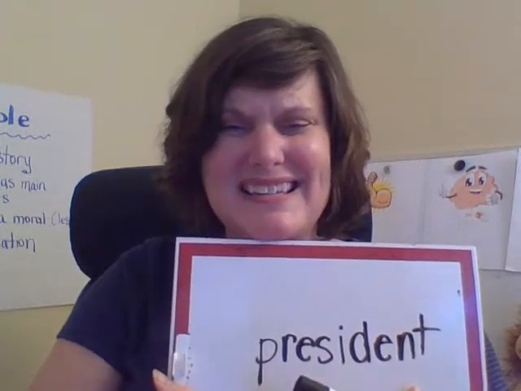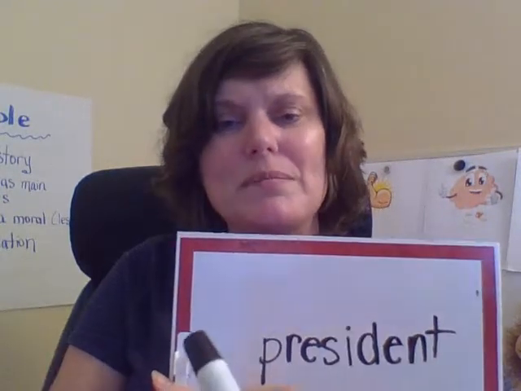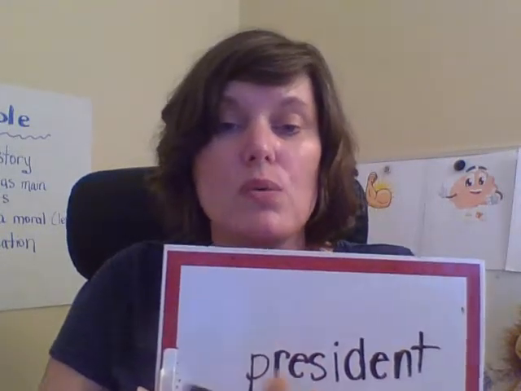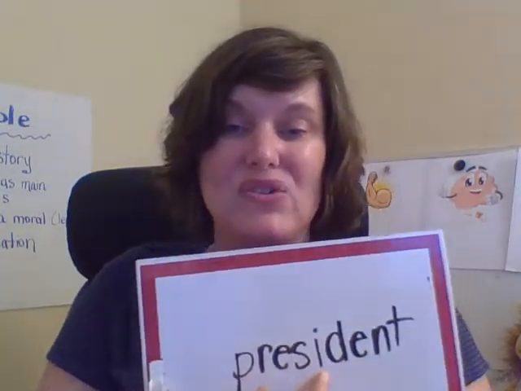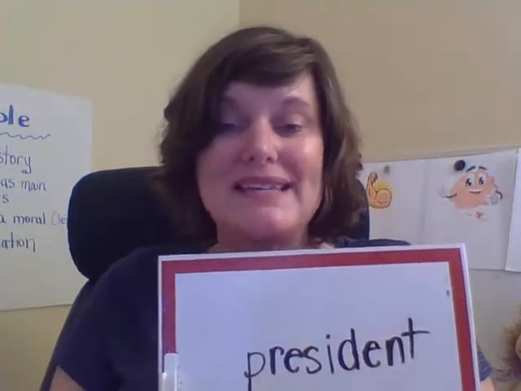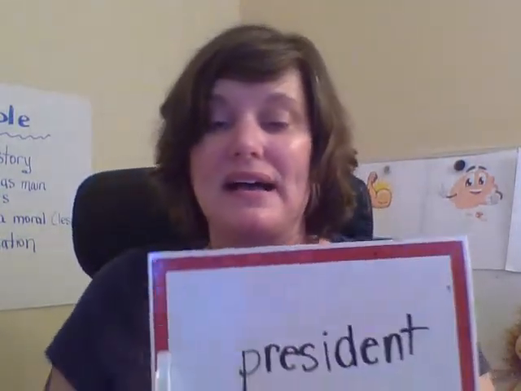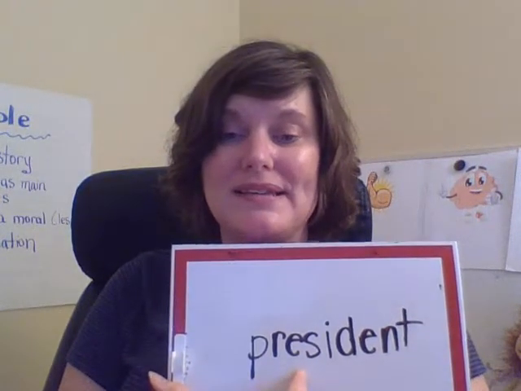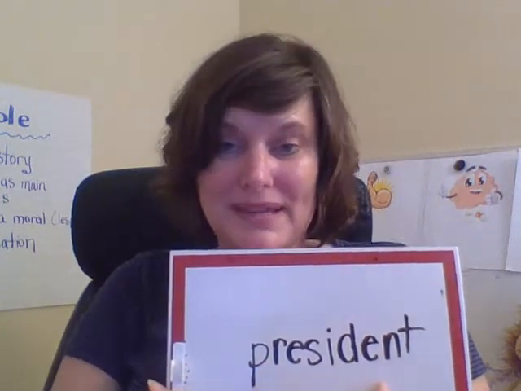President. That didn't sound right though, did it? Remember yesterday we learned that there's something called schwa. When a vowel doesn't make the sound that we think it should, it can say I or it can say uh. So instead of saying I, let's try the is sound. President. President. That definitely makes sense.